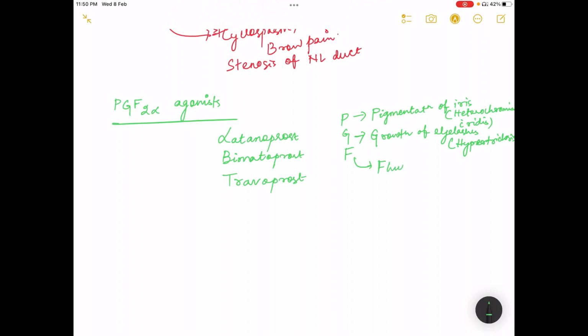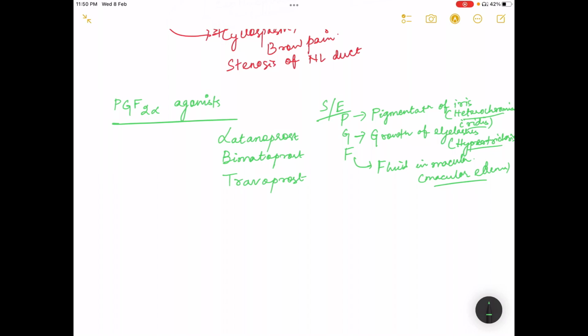And F is fluid in the macula, that is macular edema. So heterochromia iridis, hypertrichosis, and macular edema are the side effects of PGF2 alpha agonists.